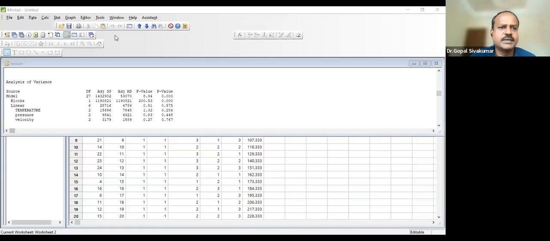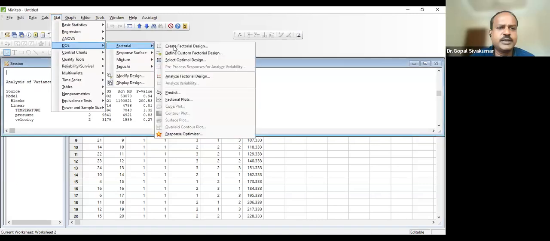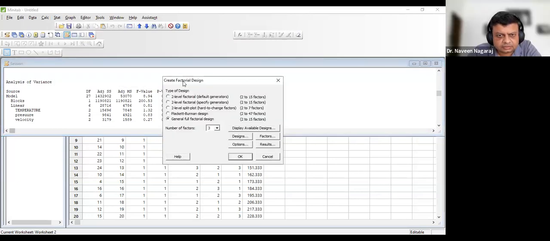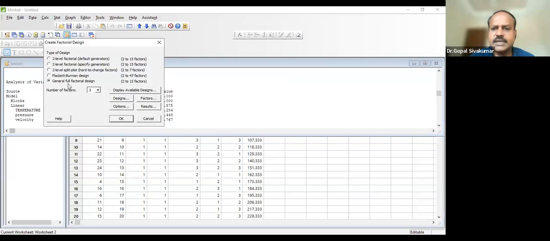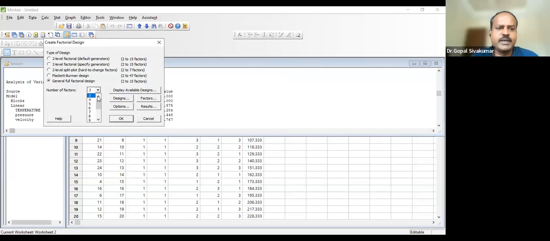Maybe I can repeat. You can carefully watch. Go to Stat, DOE, Factorial. You see Create Factorial Design. Then select general full factorial. Then number of factors you can give here. If I give only 2 and then Design, I can choose the design.